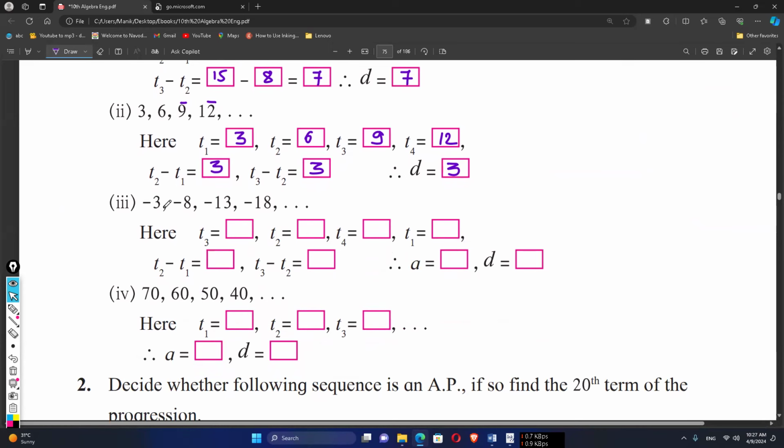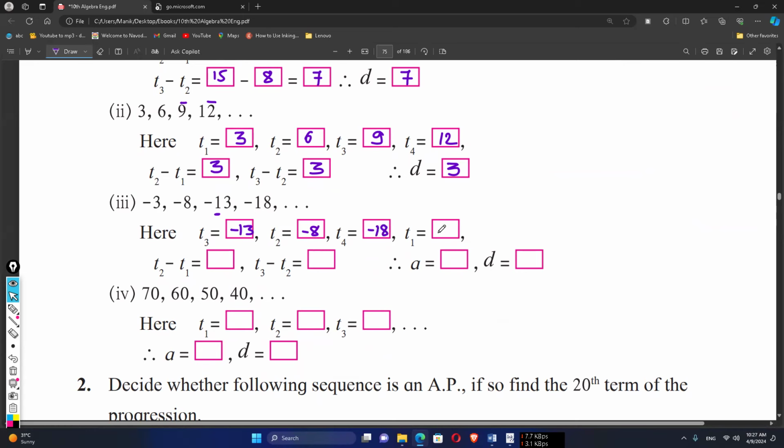The given arithmetic progression is -3, -8, -13, -18. Here t3 is equal to -13. t2, the second term, is equal to -8. t4 equals -18.